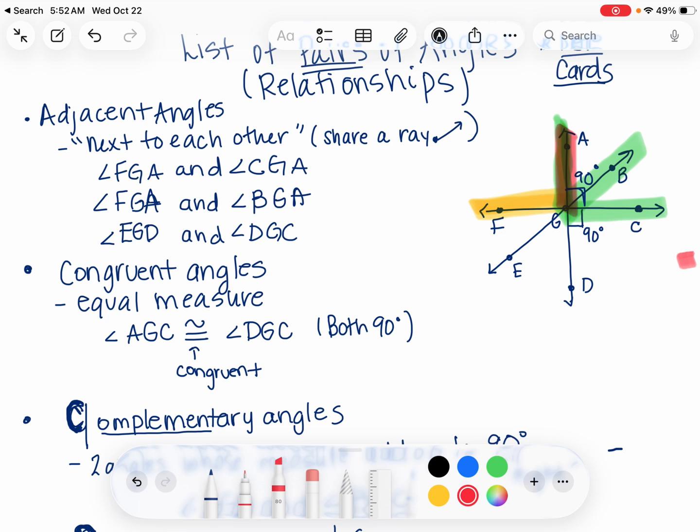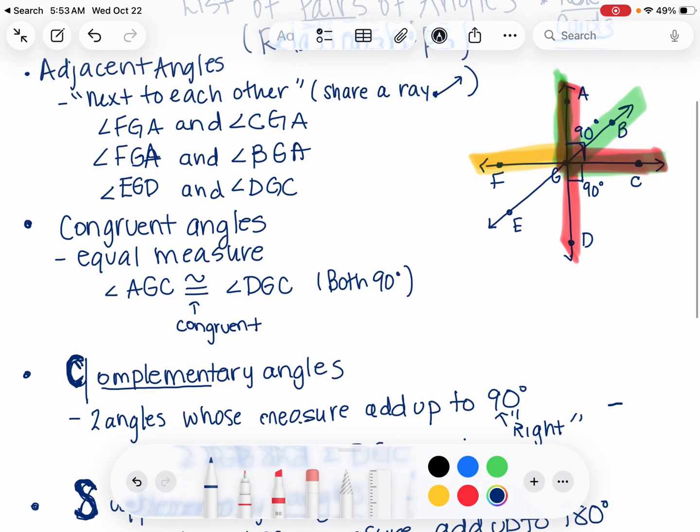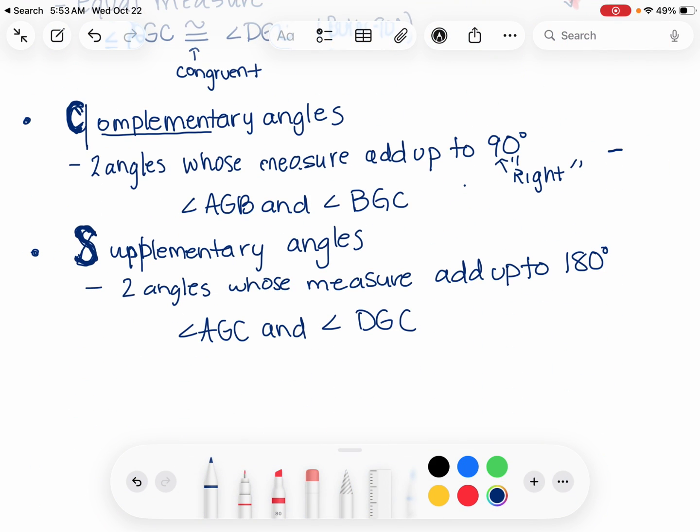So you would have AGC and then angle DGC, because together 90 plus 90 is 180. So that's the part that I want you to leave colored. AGC and DGC, angle AGC and angle DGC. Okay, that's going to be your reference picture. You're going to work on those. Let me stop.